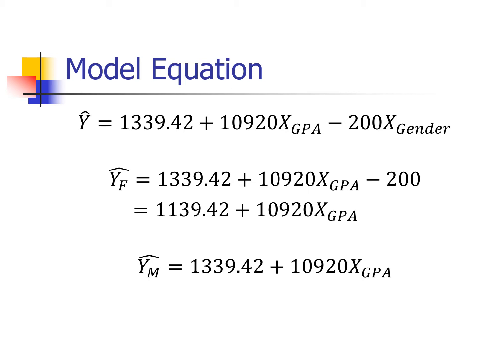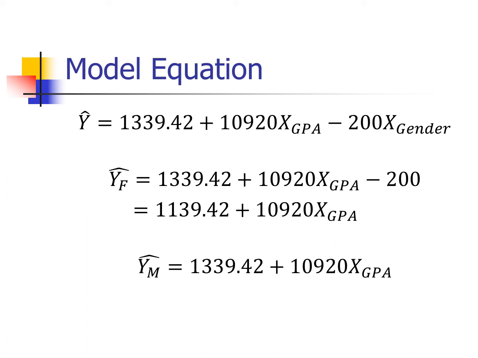So that global equation, that macro equation, could be broken into two micro equations. One that's appropriate for females and one that's appropriate for males. So I use the subscript F and the subscript M. If you're a female, then that gender variable takes the value 1, so our equation looks like 1339.2 plus the 10,920 times x minus 200.